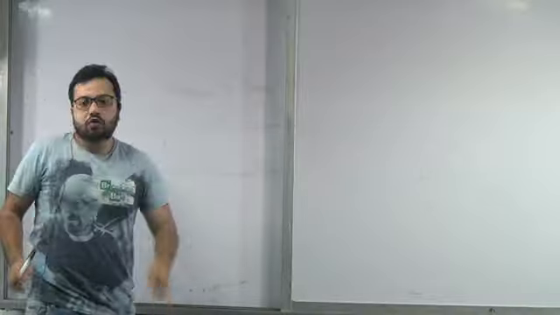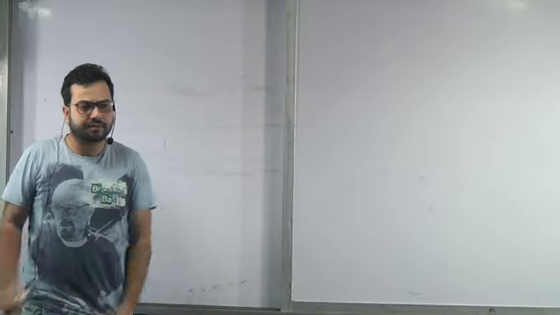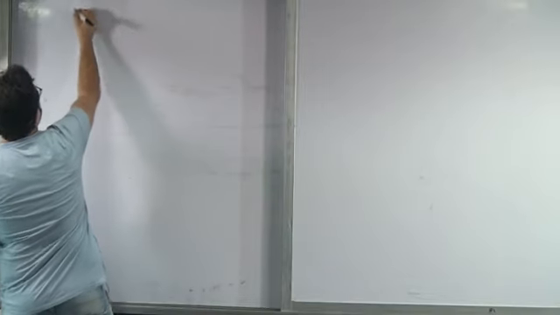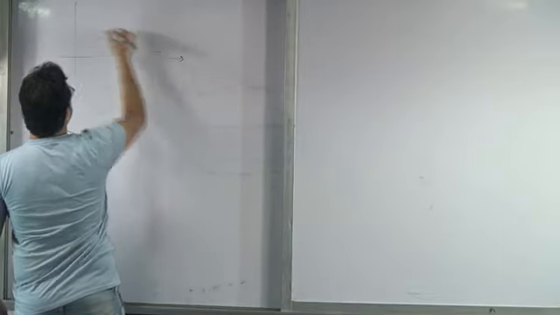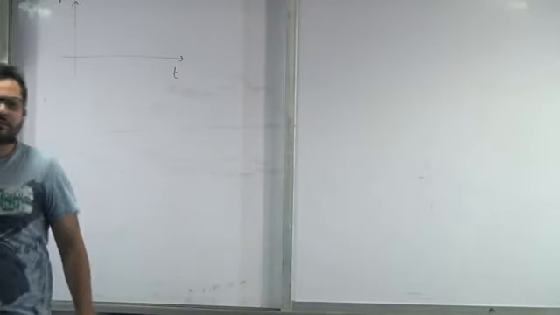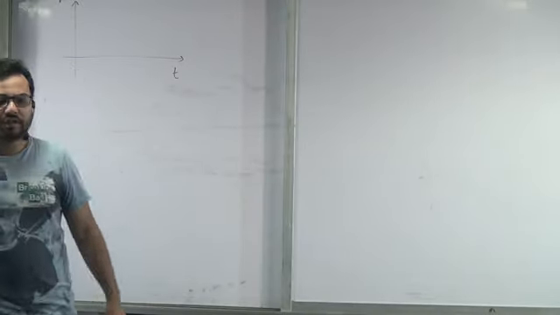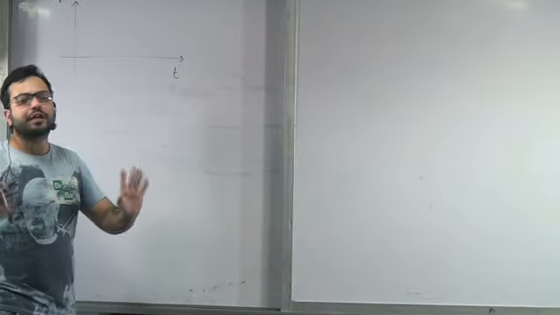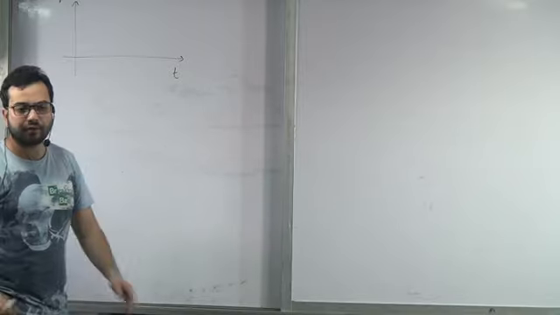Okay, so let's talk a little bit about graphs. First is the XT graph. XT graph means the position time graph. Okay, so I'm going to draw a few graphs. You're going to tell me what information I can derive from them.